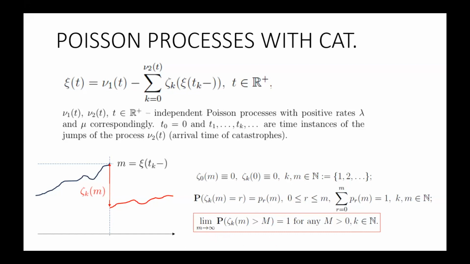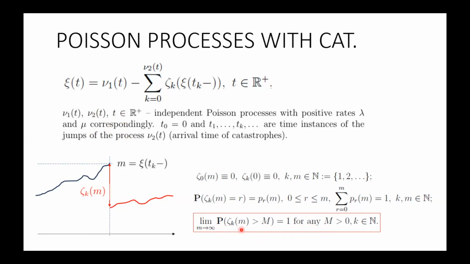And this tendency we quantified with this condition. So the limit, when m goes to infinity, of the probability that the size will be greater than the current state of my process, for any fixed state m, is equal to 1.